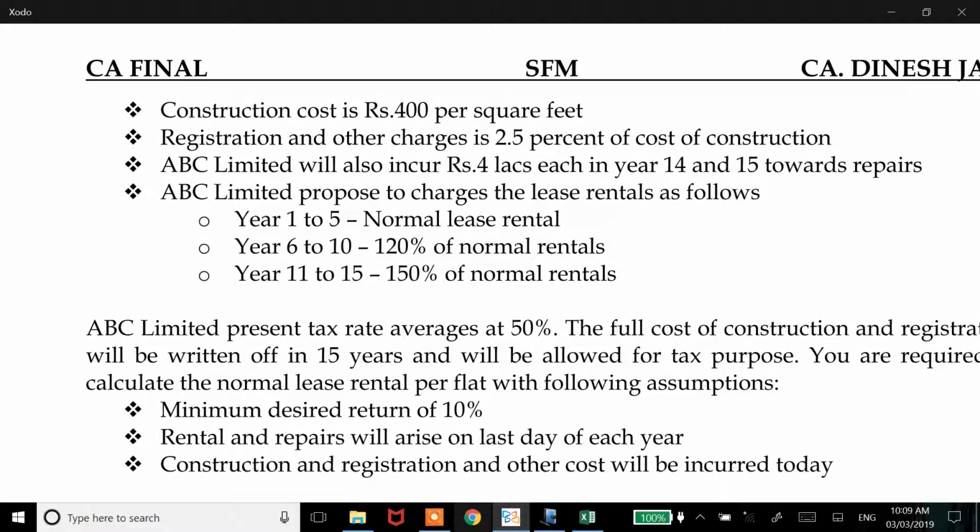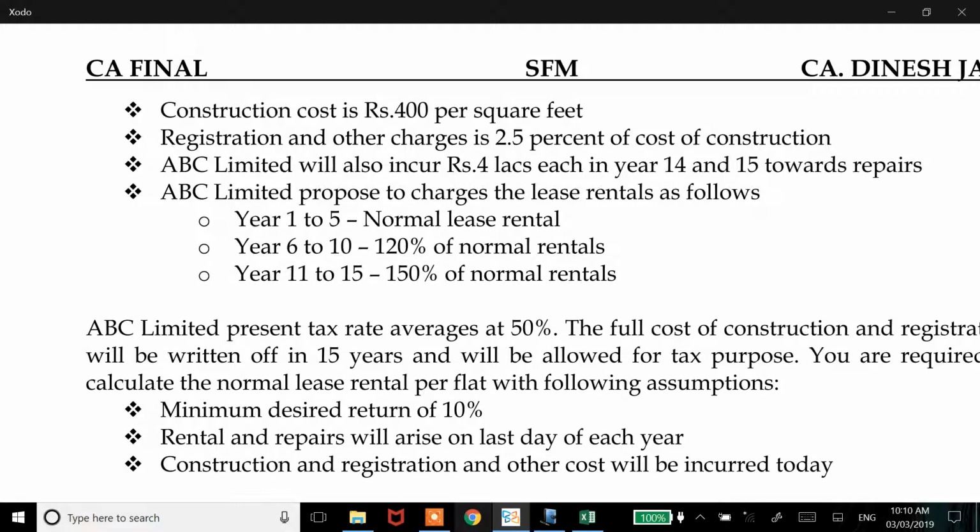Okay, lease rent, there is a structure: 1 to 5 normal LR, 6 to 10 120% LR, 11 to 15 150% LR. Now listen, I'll assume the lease rent to be X. Can you tell me what are the year columns I should do? Particulars, which can be clubbed? 1 to 5, then 6 to 10, 11 to 13, and 14 to 15 can be clubbed, or 14 and 15 can be written separately also.